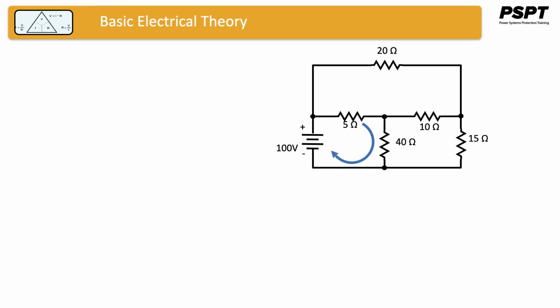I1 will be the current through the power supply and through the 5 ohm and the 40 ohm resistor. I2 will be the current through the 20 ohm, the 10 ohm, and the 5 ohm resistor. And I3 will be the current through the 40 ohm, the 10 ohm, and the 15 ohm resistor.